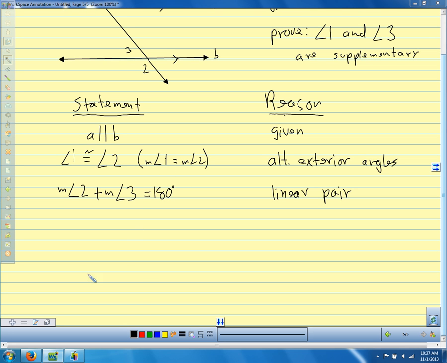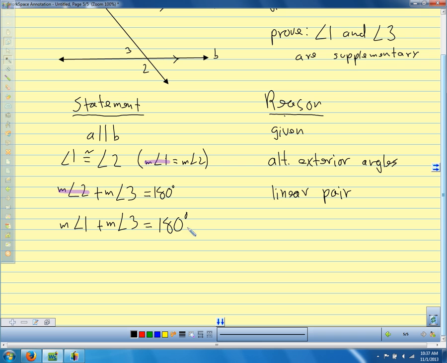So now, since measure of angle 1 and measure of angle 2 are the same, I'm going to take this and put it right there. Since those two are the same thing, same number, now I'm going to say the measure of angle 1 plus the measure of angle 3 equals 180. And what would be my reason there?